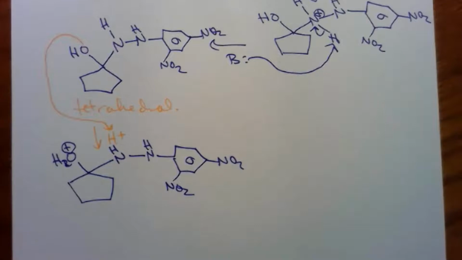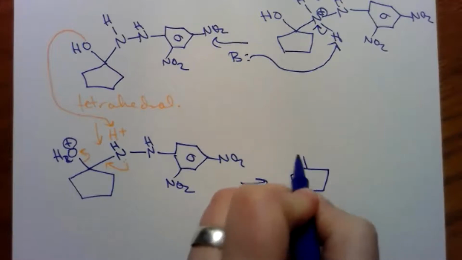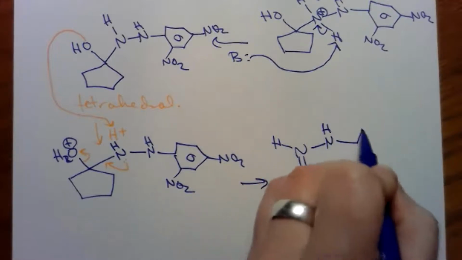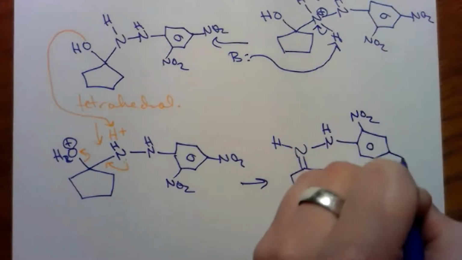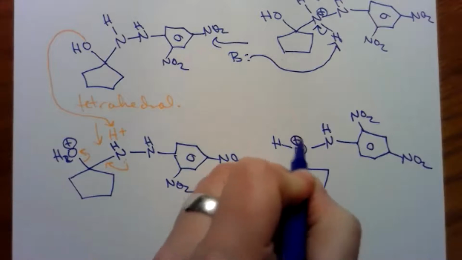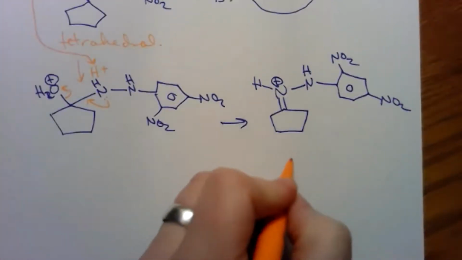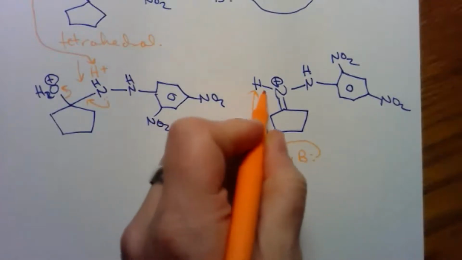So I get here, and then I fold it down, kick it out. Almost finished, but not quite there yet, because at this point, my nitrogen is still positively charged. I need some base in solution to come clean up.